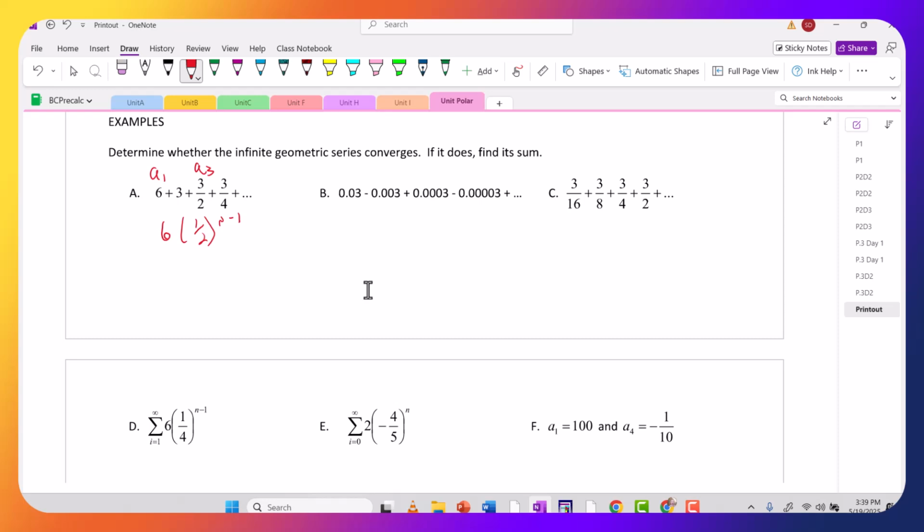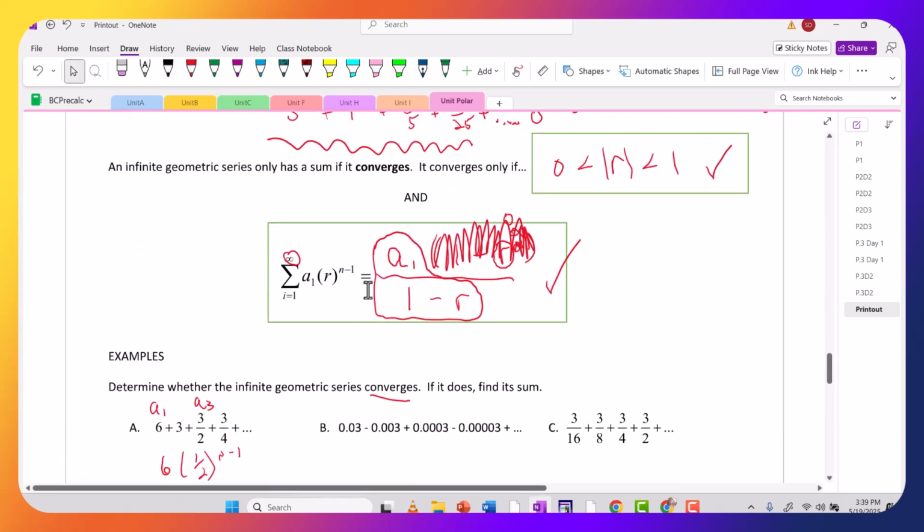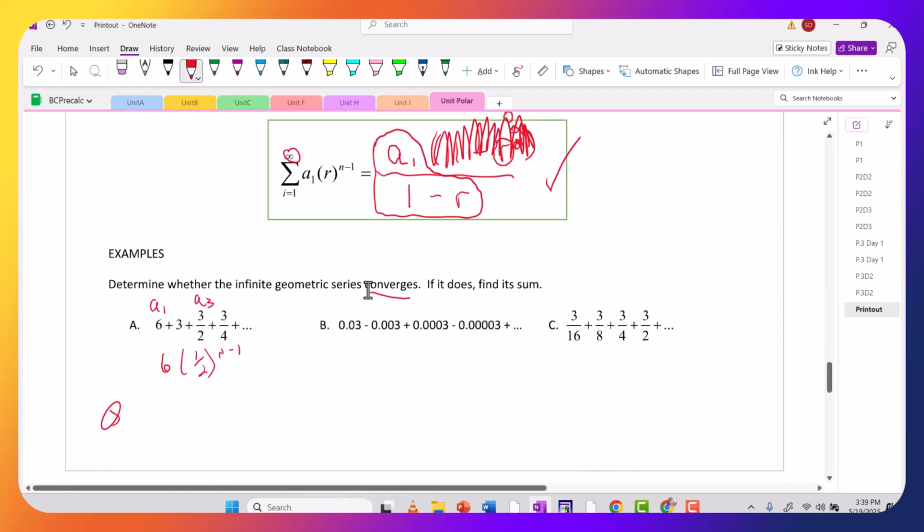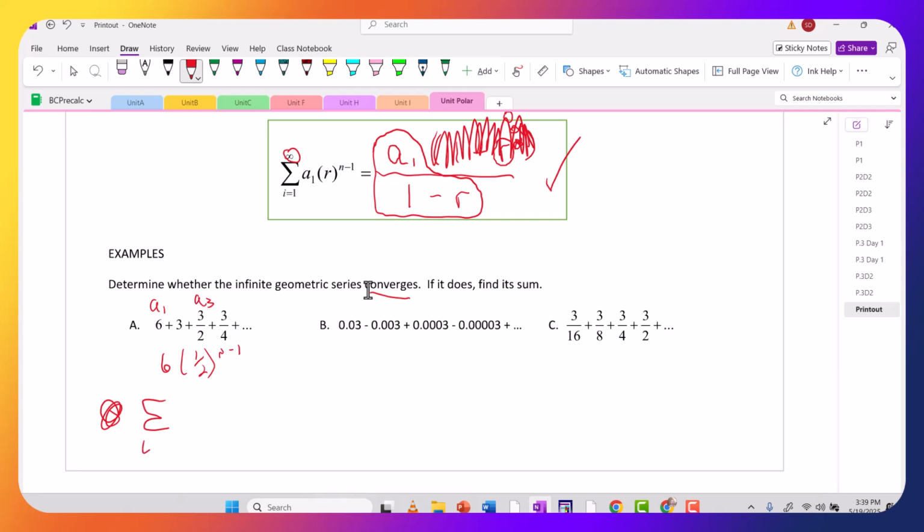So this one converges. Therefore, the infinite sum does exist. So what is that infinite sum? I could write it like this, the sum from n equals 1 to infinity of 6 times 1/2 to the n minus 1. It doesn't say to write this, but I'm going to use n. But the top says infinity.